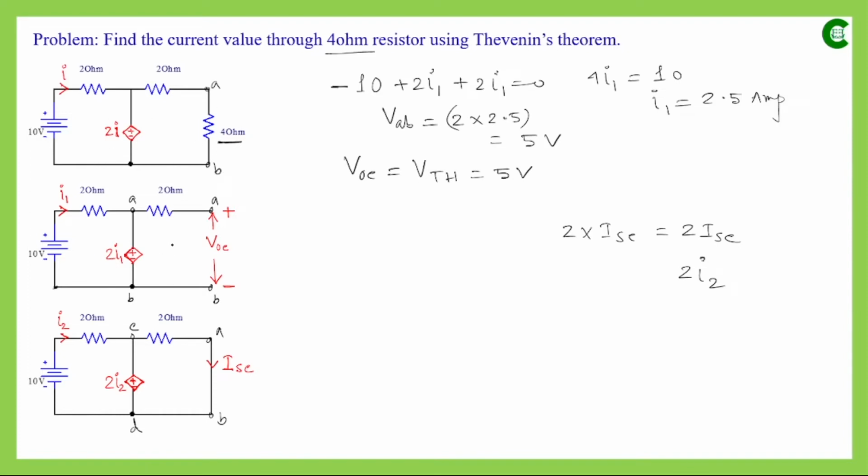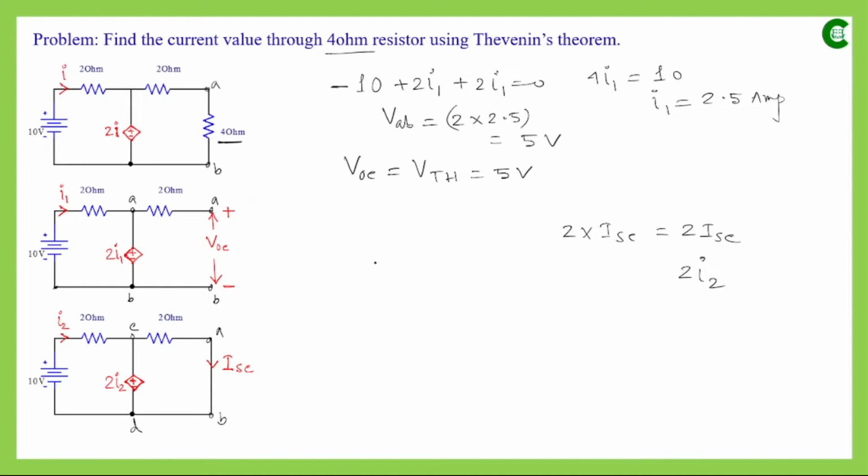But in the previous case, since we removed that resistor, the current through this 2 ohm resistor changed, and that's why instead of I we took I1. And in this case, since we are shorting this path, the current value may not be the same as I or I1. So this time also I have taken a separate value, which is represented by I2. So the voltage value of this voltage source will accordingly be 2I2.